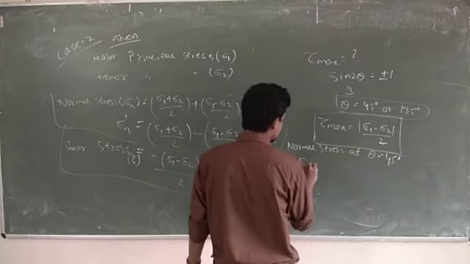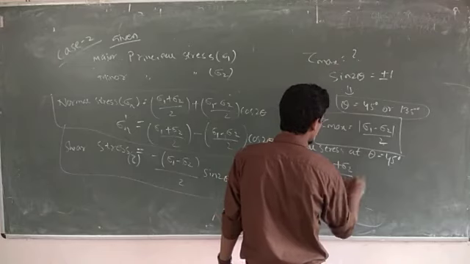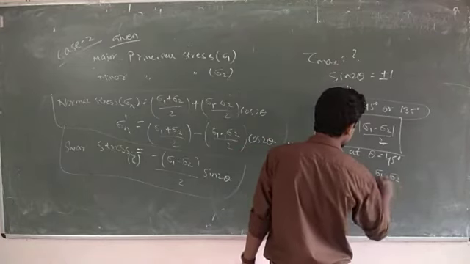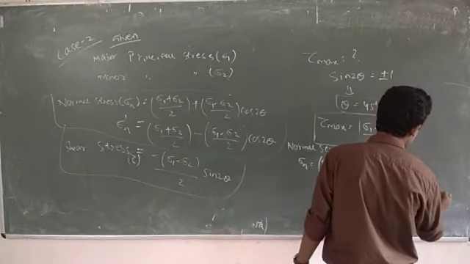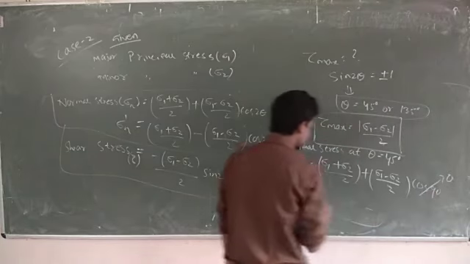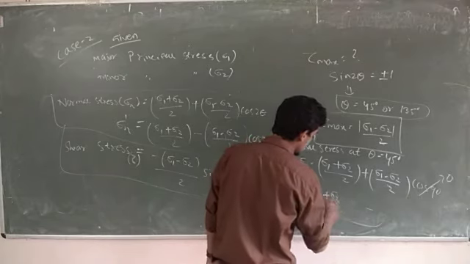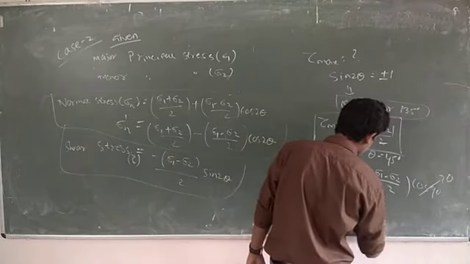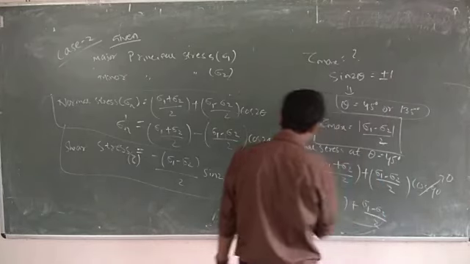So sigma n becomes (sigma 1 + sigma 2)/2 + ((sigma 1 - sigma 2)/2) cos 90. Cos 90 is, as you already know, 0. So sigma n equals (sigma 1 + sigma 2)/2. Clear?